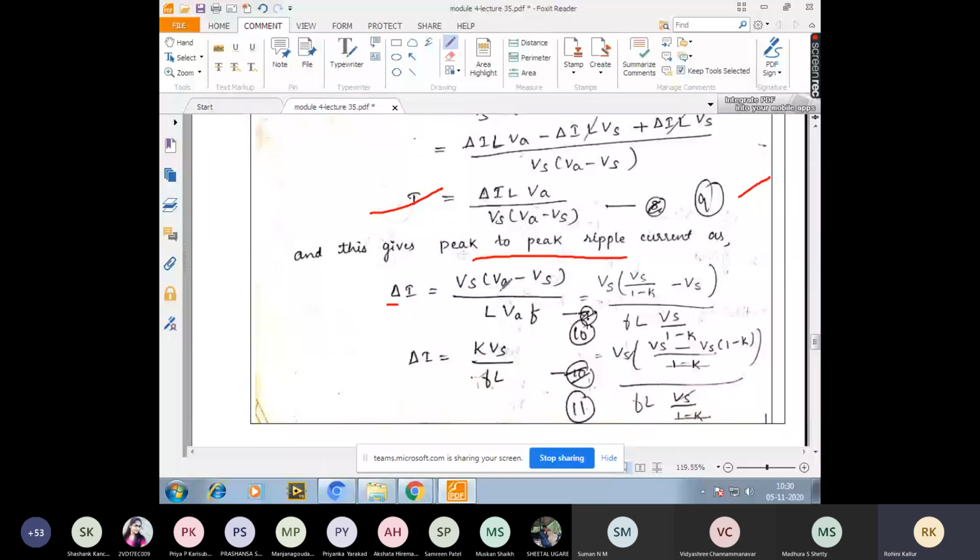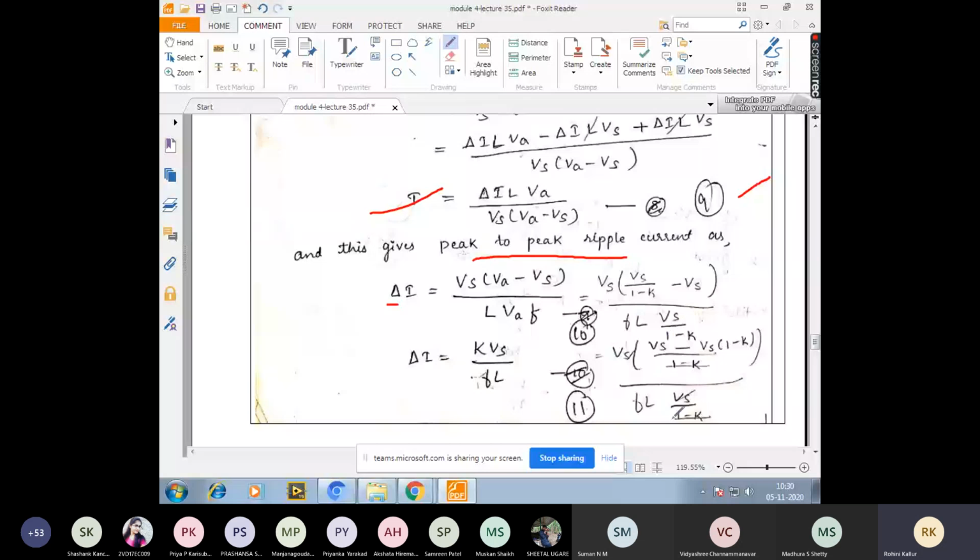Now substitute the value Va, which is equal to Vs divided by 1 minus K. So I'm doing it here, Vs divided by 1 minus K minus Vs, whole divided by F into L into Vs divided by 1 minus K. Take LCM and cross multiply. So I'll have Vs minus Vs into 1 minus K whole divided by 1 minus K. In the denominator I also have Vs divided by 1 minus K. In the numerator I have Vs and denominator Vs, cancel it out.